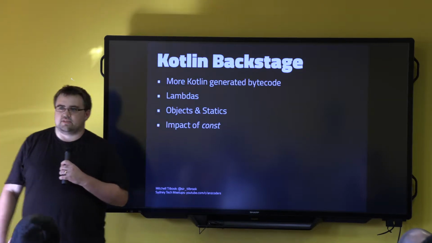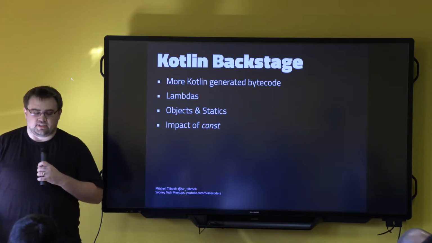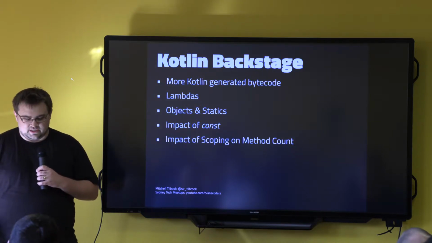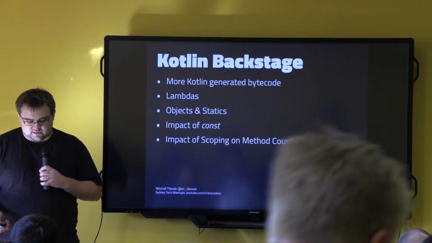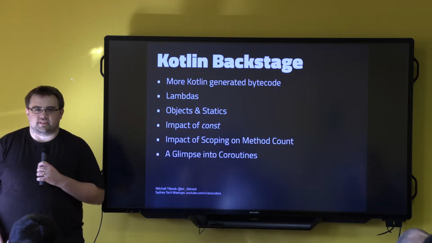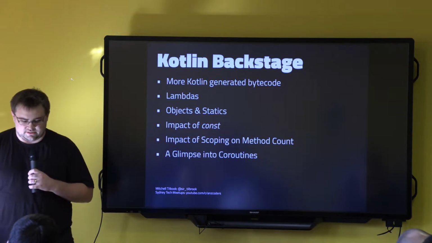You wouldn't think that consts have a fairly big impact, but it can actually add several methods to your program where you just don't expect them to magically appear. And then finally, if we have time at the end, we're going to look at method scoping and a little glimpse into how coroutines actually work underneath, so what they're actually doing to allow that kind of continuation passing.